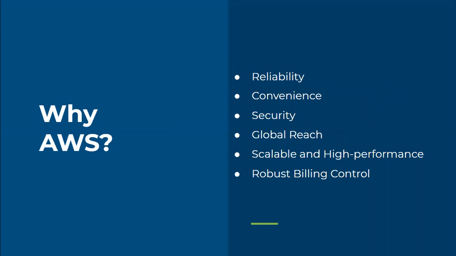Okay, so why have we used AWS when Microsoft and Google are also providing cloud services? We have used AWS for a few reasons. The first one is reliability. Amazon gives more reliability compared to anyone else.